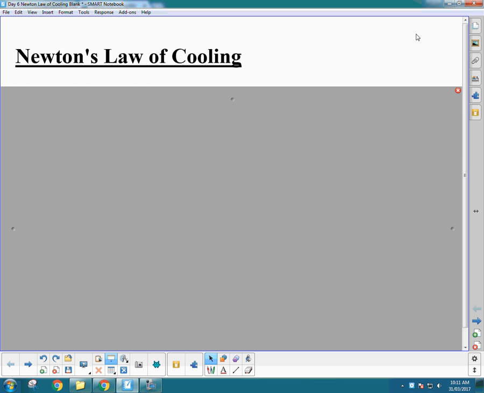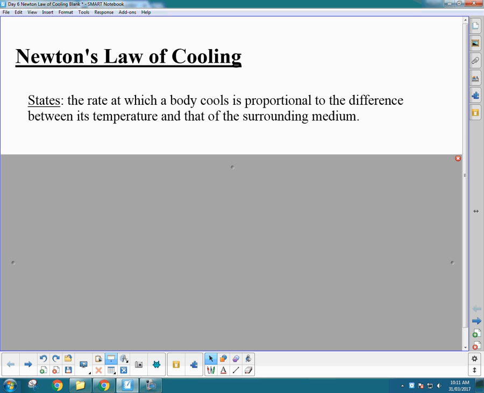So Newton's law of cooling says this. It states that the rate at which a body cools is proportional to the difference between its temperature and that of the surrounding medium. So if we were to consider the water freezing, when you put hot water into your freezer, then the difference is pretty big between that hot water and the cold air, the surrounding medium of the freezer.